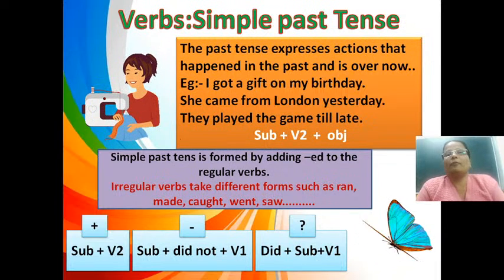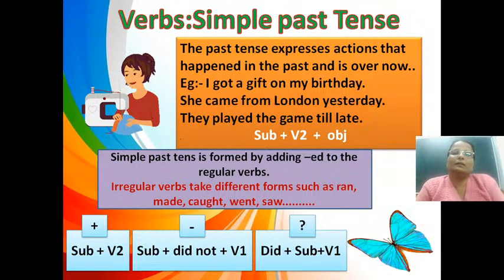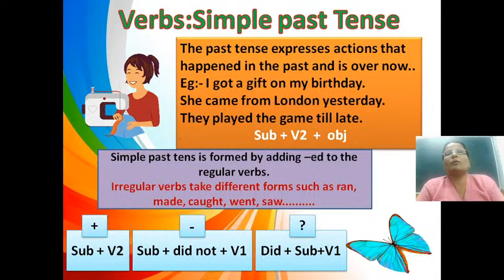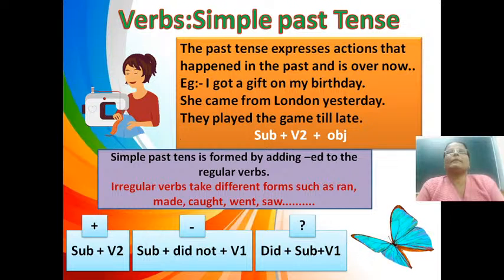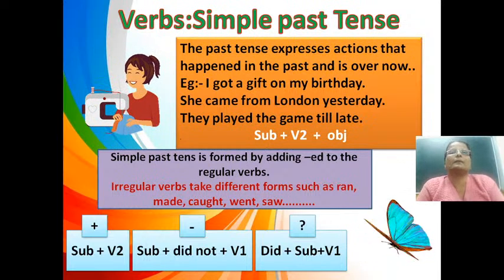So these type of verbs which form the past tense by not adding ed at the end are called irregular verbs. So here some samples are given: ran, made, caught, went, saw, etc.